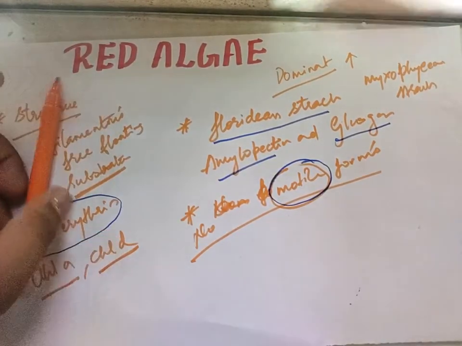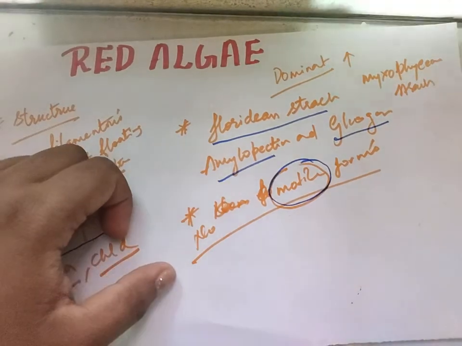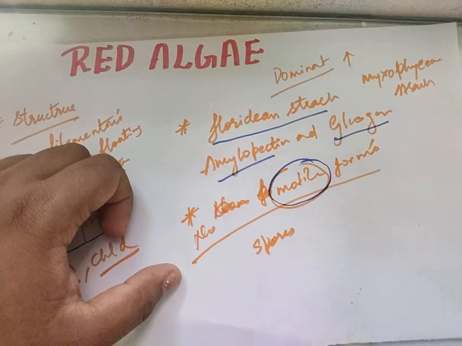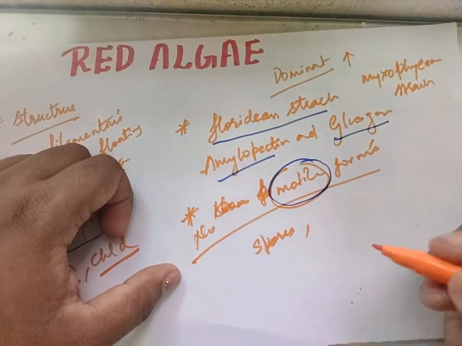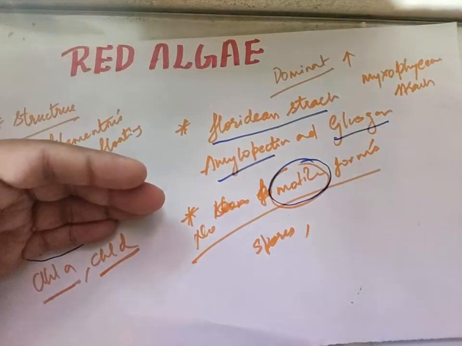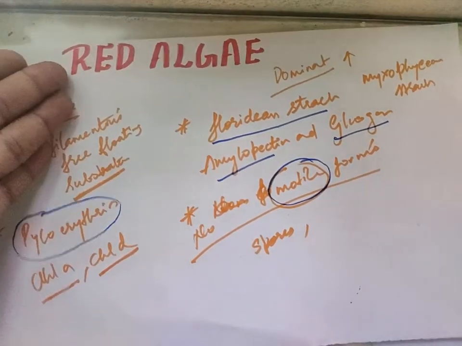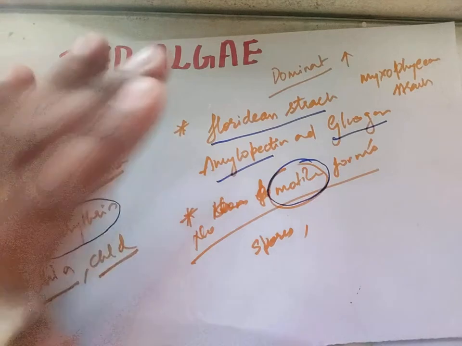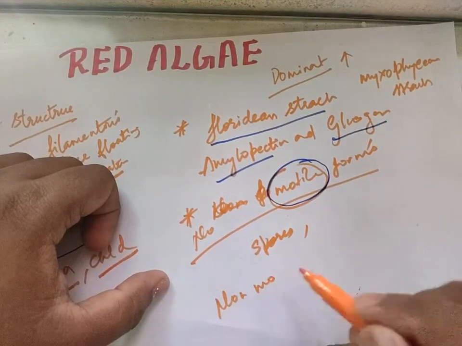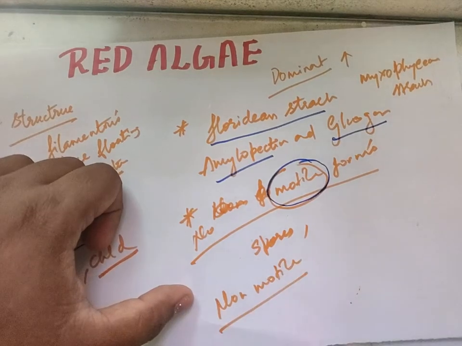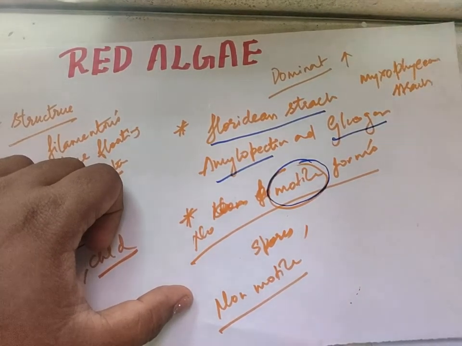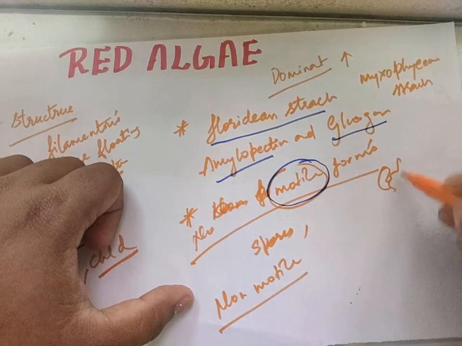Even the reproductive structures, like spores in asexual reproduction, are formed. Here in red algae, carpospores are formed, but they are non-motile. We discussed in the algae section that in green algae, zoospores are produced, and zoospores are flagellated.